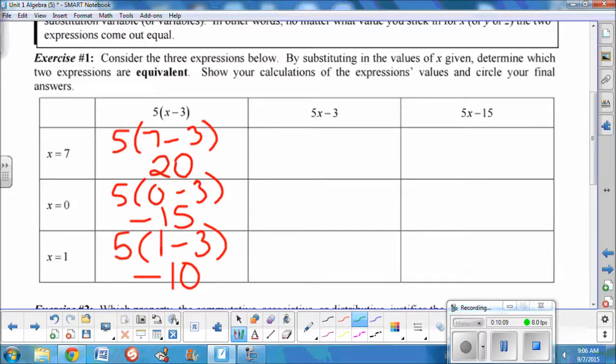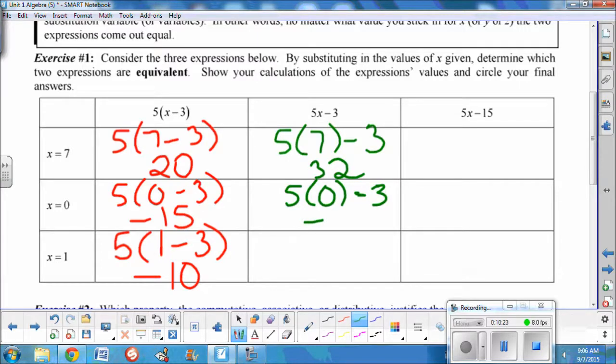We're substituting 7 in. First, 35 minus 3, that's going to give us 32. 5 times 0 minus 3, that's going to produce a negative 3. And 5 times 1 minus 3, and that's going to give us 2.